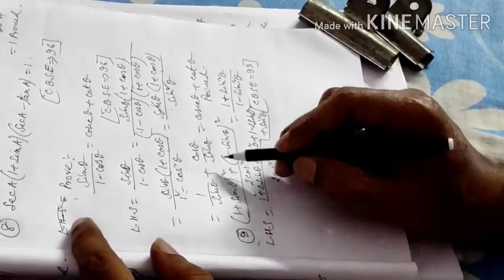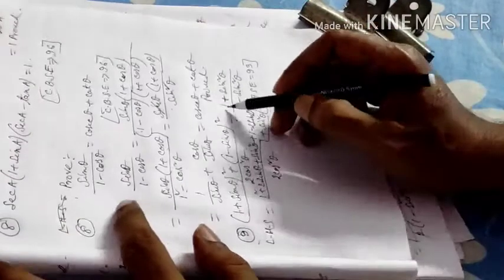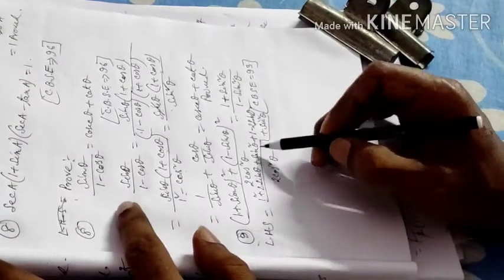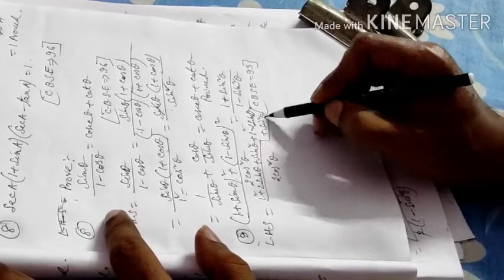You have to break (a plus b) whole square and (a minus b) whole square: a square plus 2ab plus b square, a square minus 2ab plus b square.